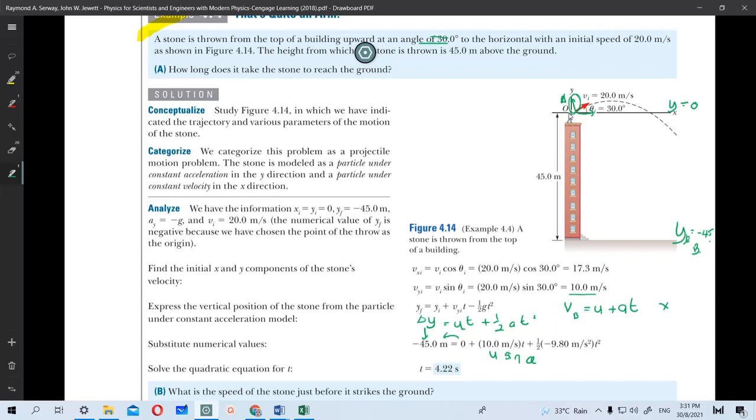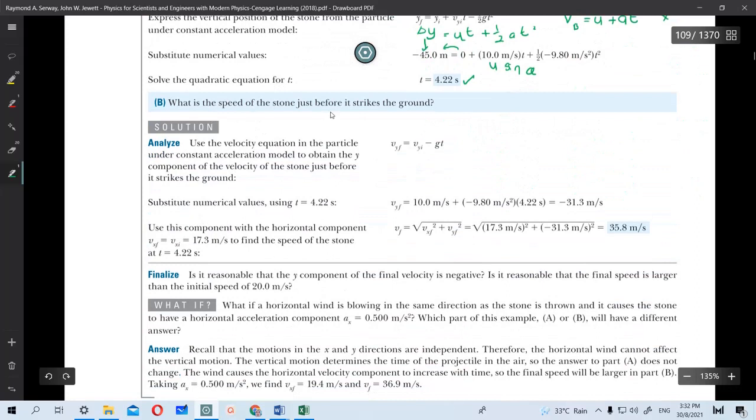Because of that, u sin theta is 10, t is the unknown, and then plus half, negative 9.8 t squared. So solving, you will arrive at 4.2. Use your calculator for this process. So in short, from A to the ground, which is B, it required 4.22 seconds to reach the ground.